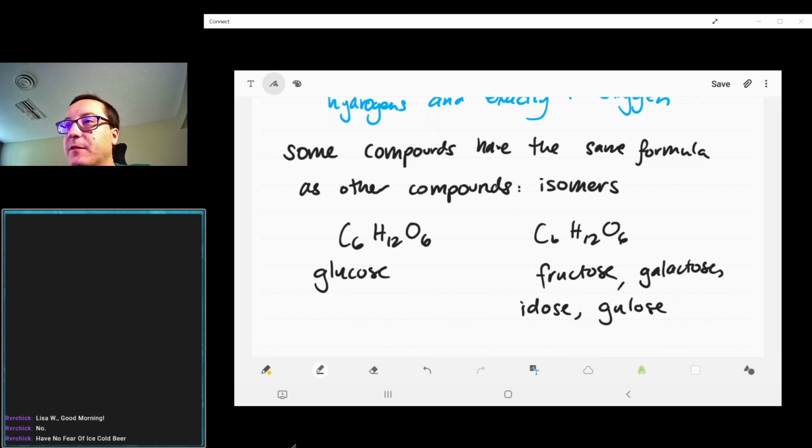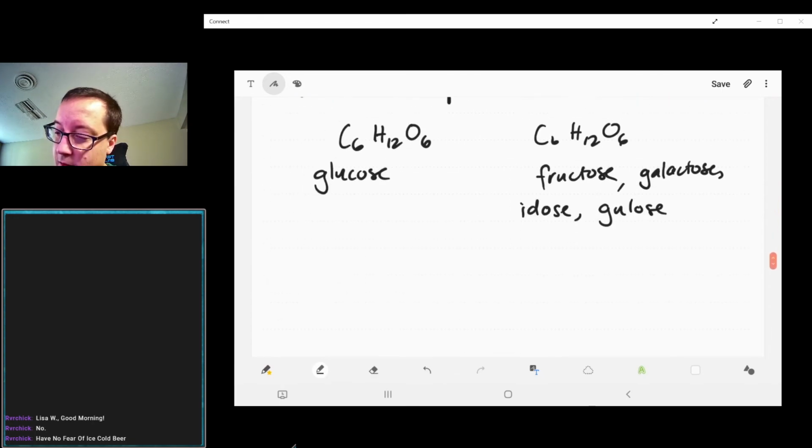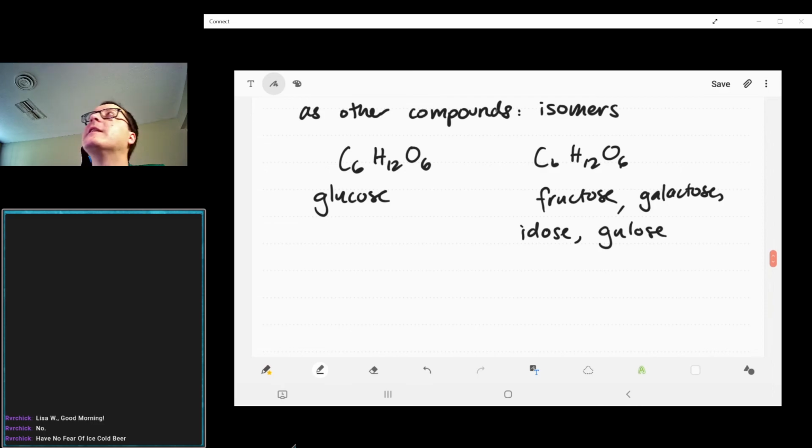I think there's some fancy law named for this, like constant composition or something. Whatever, just understand that the ratios are fixed. That's the important part. If you want to put a fun law name to it, go right ahead. Have fun. And also, I think in this chapter there's a bit of the history of how we know, or basically the evidence we have, that atoms look the way we've talked about them.